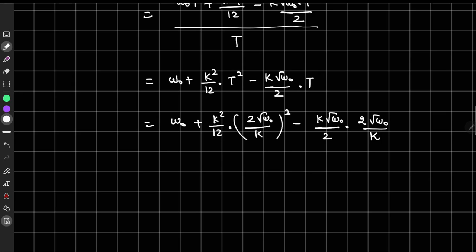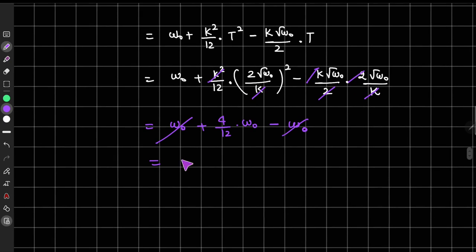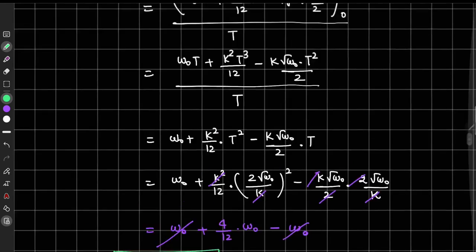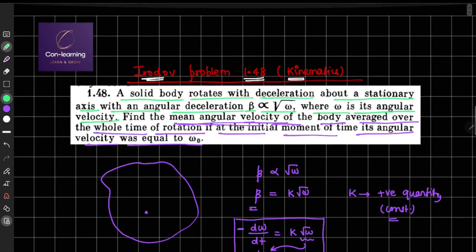Here k squared gets cancelled and k gets cancelled, and we get omega naught plus 4 by 12 into omega naught minus omega naught. So the omega naught terms combine and we get omega naught by 3. This is the value of the mean angular velocity. I hope the entire procedure is clear. Thank you.